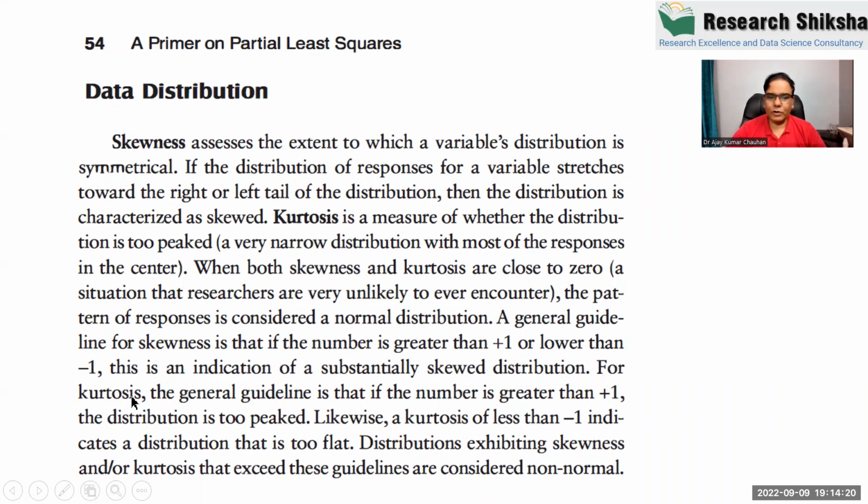For example, for kurtosis, the general guideline is that if the number is greater than plus 1, the distribution is too peaked. So the benchmark is basically the 1. And 0 is the ideal point, right? So this paragraph I take from the book.